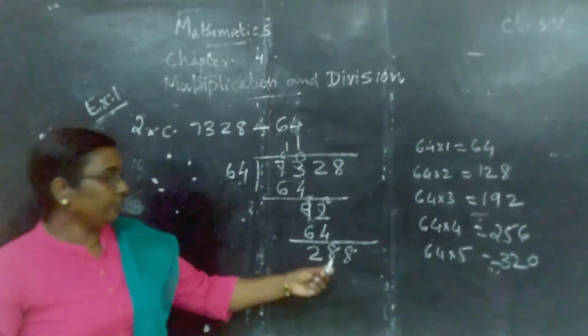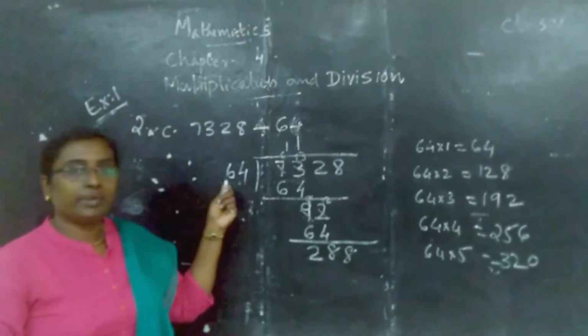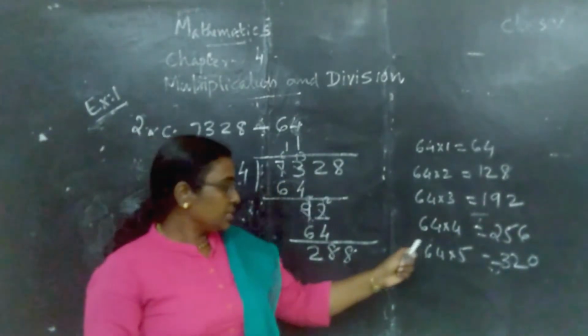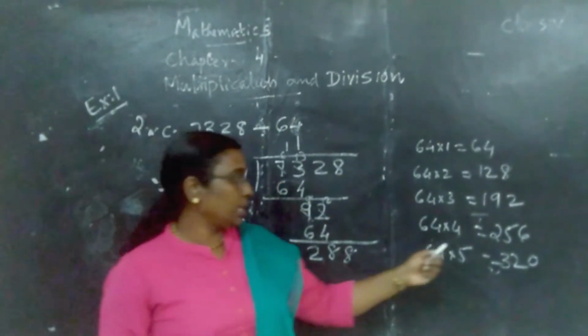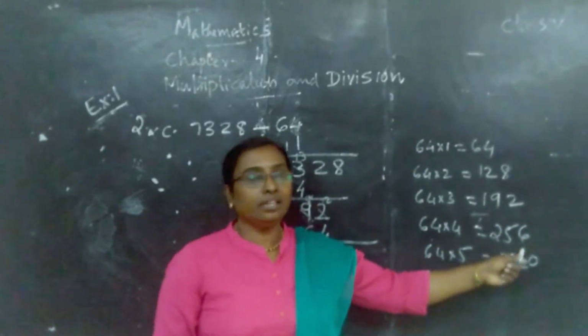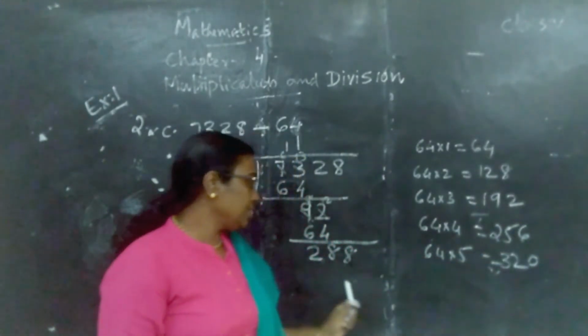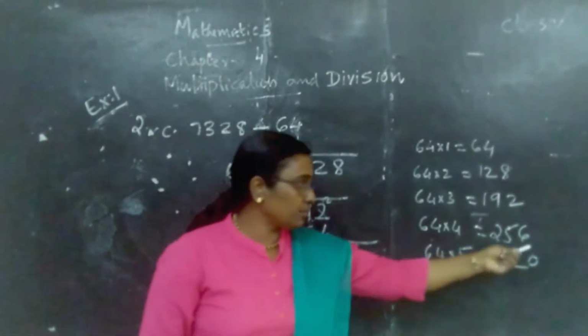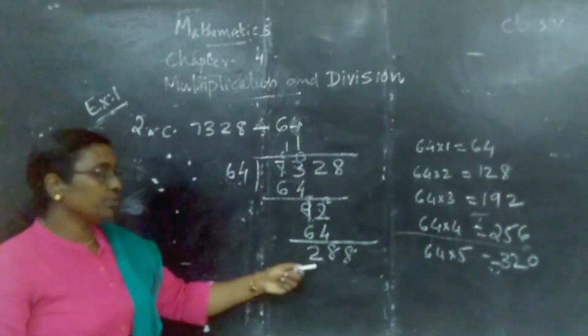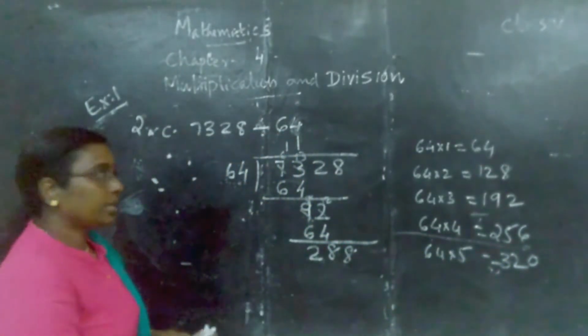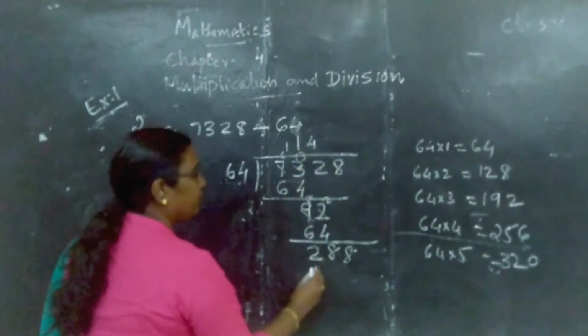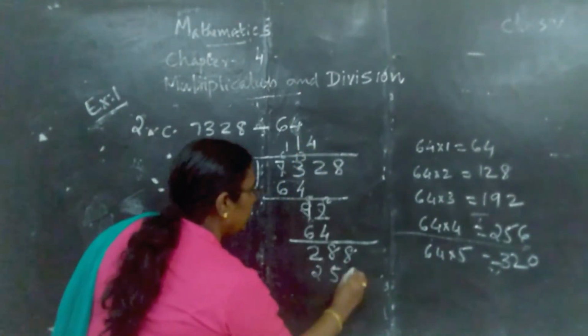Look here. Then we have to divide 288 by 64. Which number is just below 288? 256. 320 is greater than this number. So we take this one. How many times 64 in this number? 4 times. So write 4 here, 256.